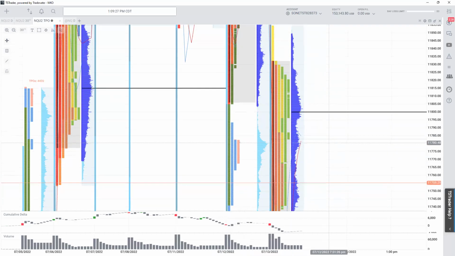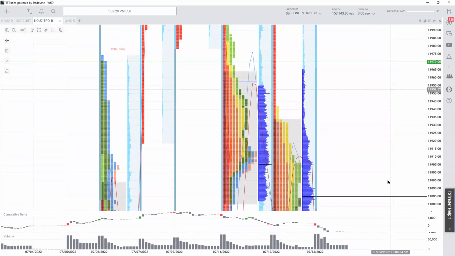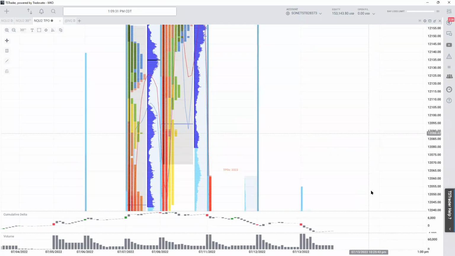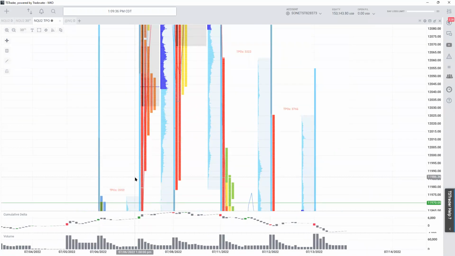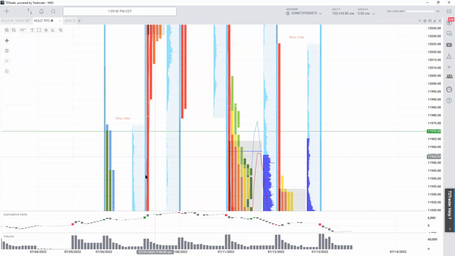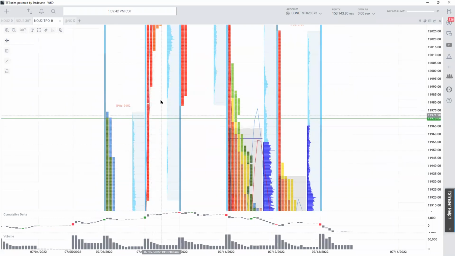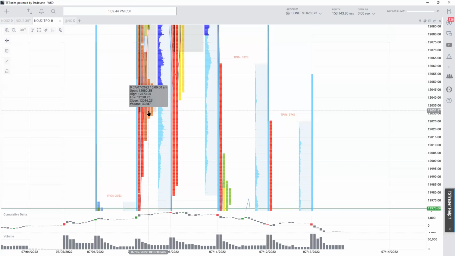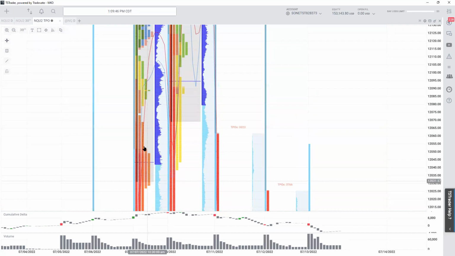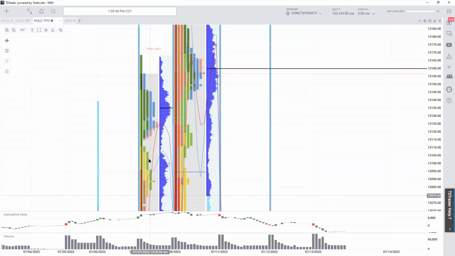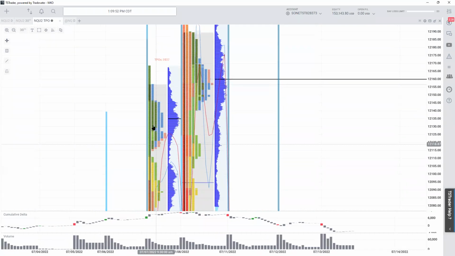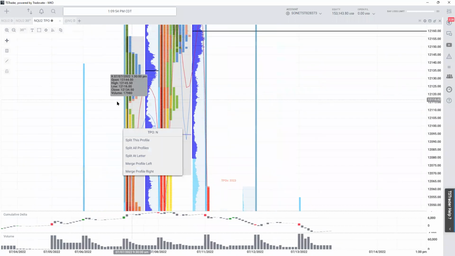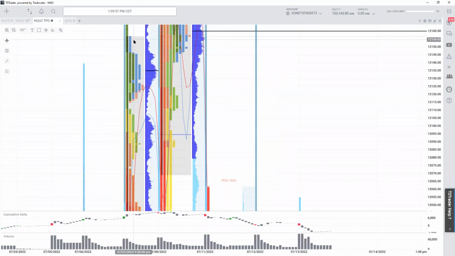True trend days are kind of hard to find. I would call this day here, the 7th, a trend day. The market opens, leaves the open, continues to push higher, continues to push higher, and then finally closes near the end of the session.